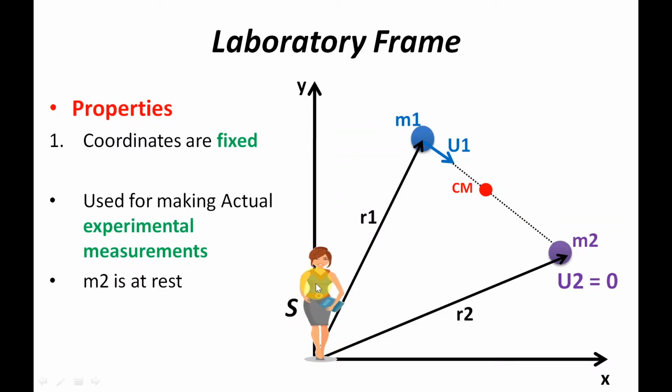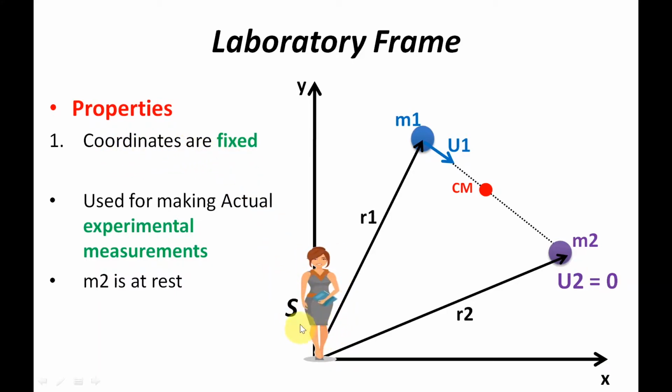So this is quite a handy frame of reference. That is why this frame is used quite extensively in real world applications to make real world measurements. This frame needs only one property to be fulfilled, that its coordinate points are fixed.